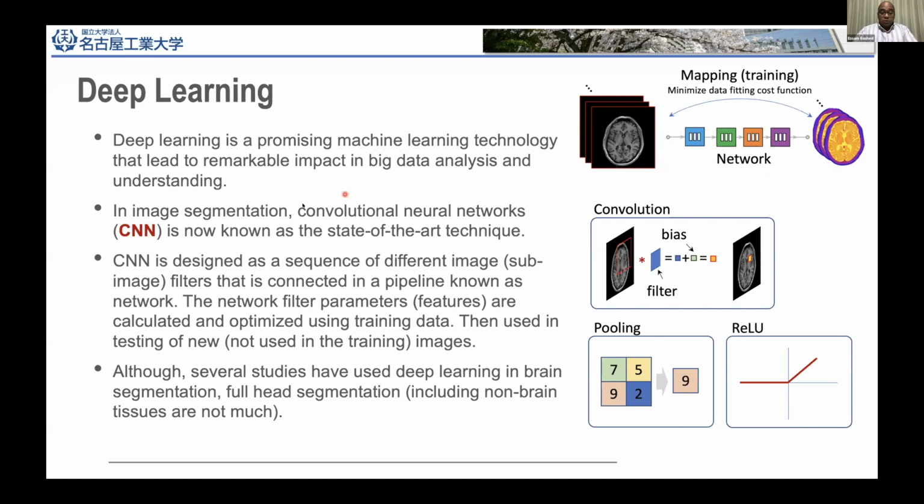We are interested in the convolution neural network, which is now the state of the art for image segmentation in many applications. It simply does convolution operations around some region in the image with some filter, adds some bias, and then estimates how likely this pixel is to be from a different set of tissues.